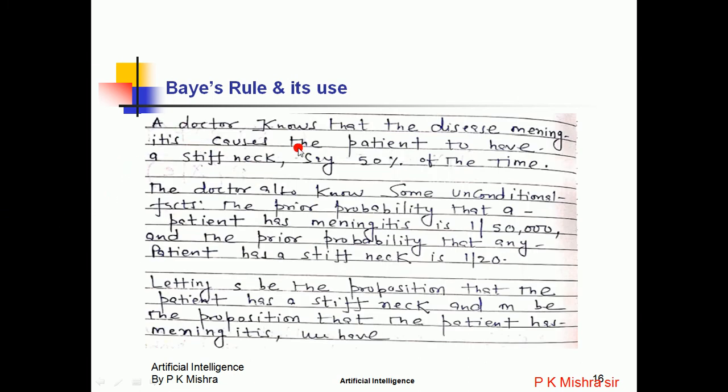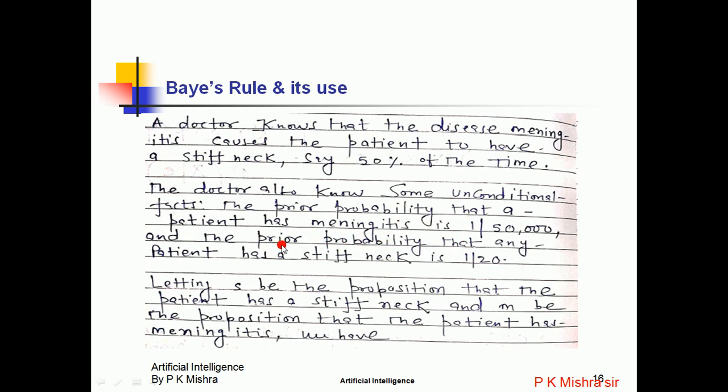For example, a doctor knows that the disease meningitis causes the patient to have a stiff neck, say 50% of the time. The doctor also knows some unconditional facts: the prior probability that a patient has meningitis is 1 by 50,000, and the prior probability that any patient has a stiff neck is 1 by 20.